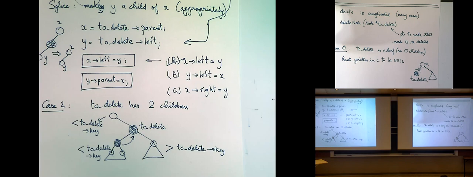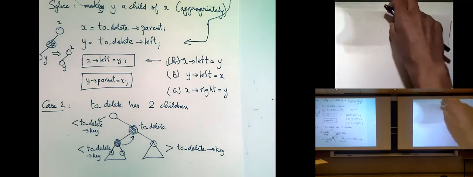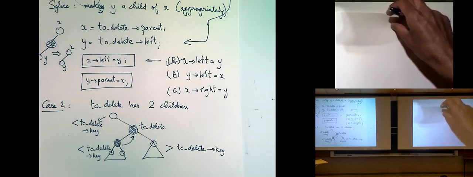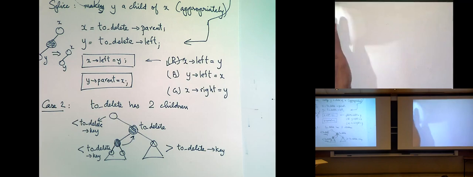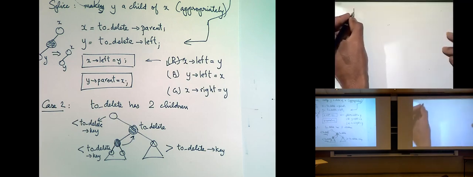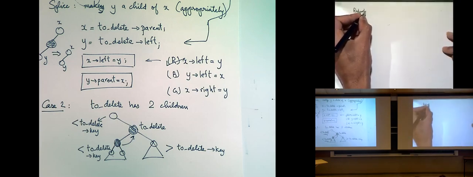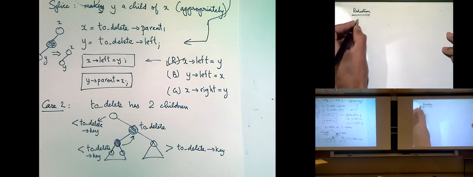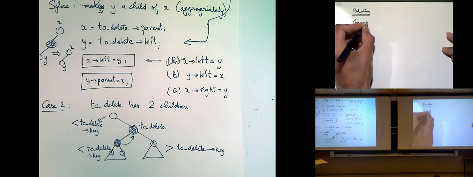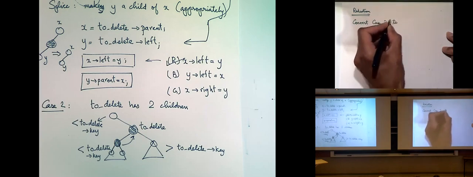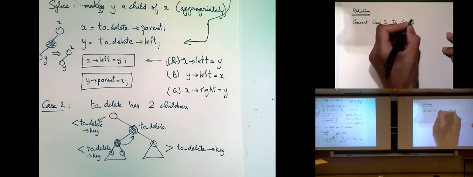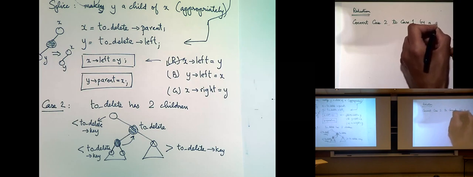Okay, so I'm going to do this carefully. We do something that you'll hear a lot more in maybe 102 and 103. We do something called a reduction, which is we convert case 2 to case 1 by a data swap.